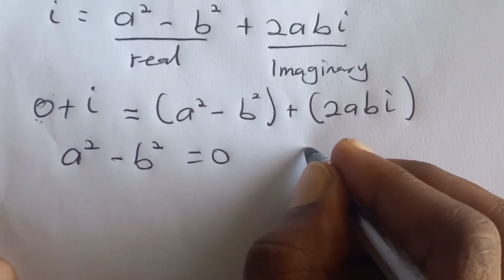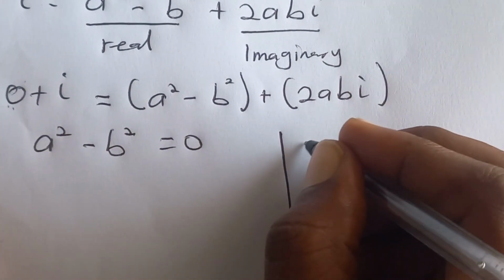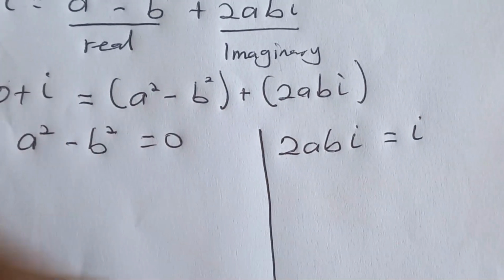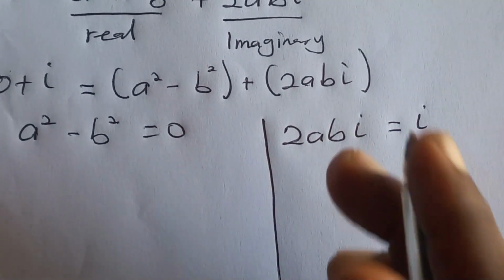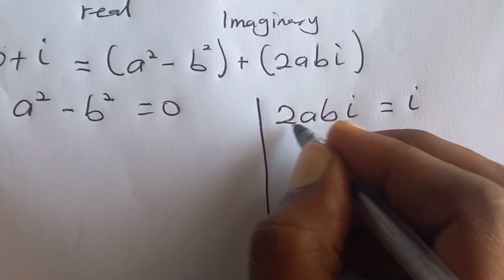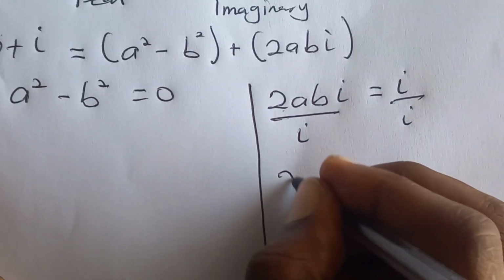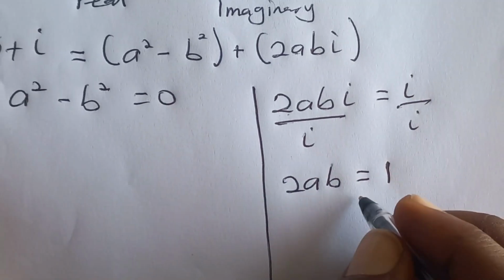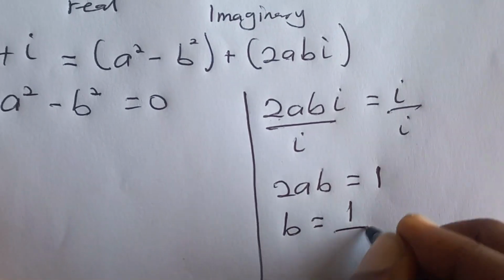And the other part, 2abi is equal to i. So we have these two expressions. Let's solve the second first. You have 2abi, so you can divide both sides by i, and you get 2ab is equal to 1. Making b the subject, b is equal to 1 on 2a.